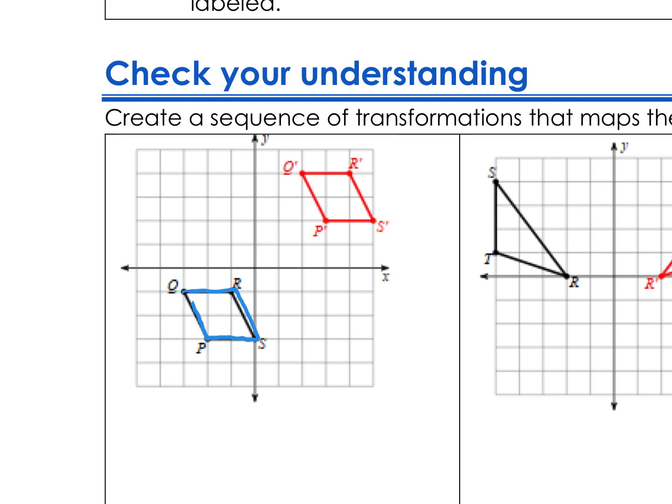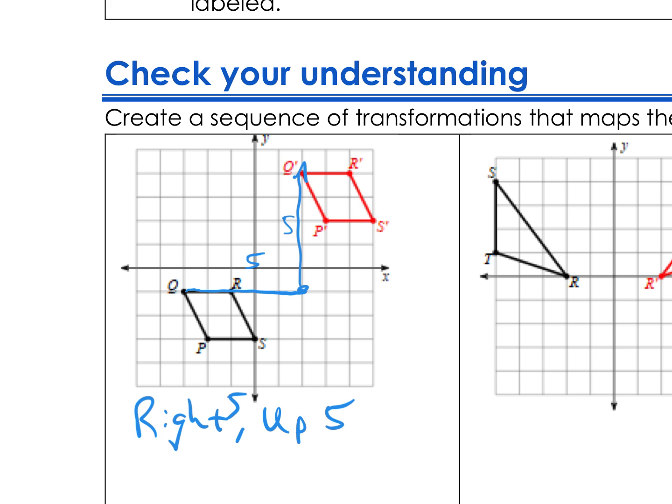If we pick one of those particular points, like Q, for example, Q is going to come over here, and then it's going to go up. So how far is that? Looks like it's going right 5 and up 5. So right 5 and up 5 is an okay way to describe this.